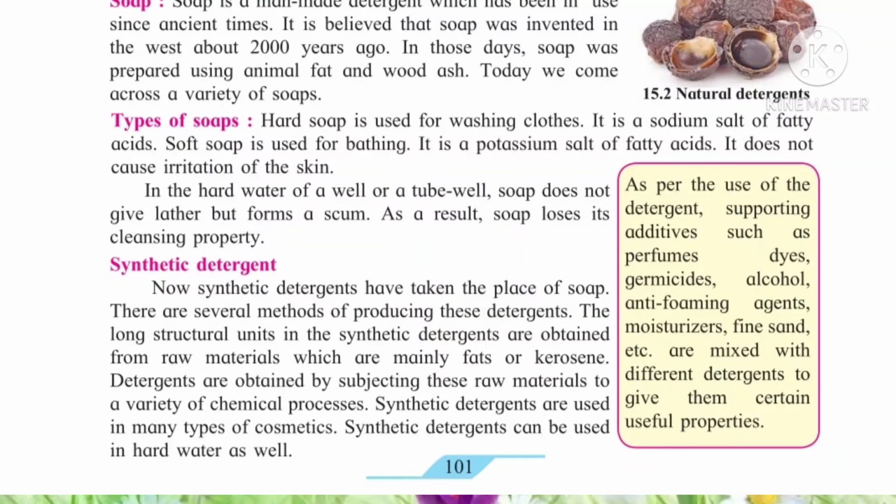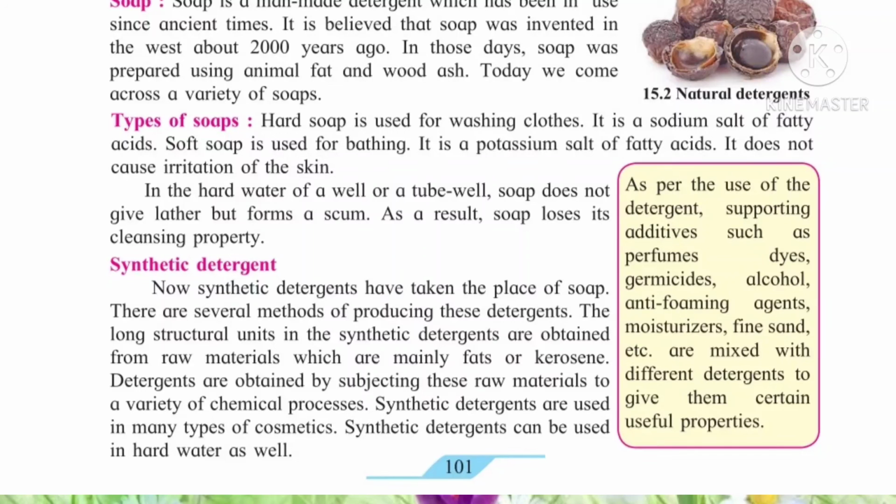Now, as per the use of the detergent, supporting additives such as perfumes, dyes, germicide, alcohol, anti-foaming agent, moisturizers, fines, sand, etc. are mixed with the different detergents to give them certain useful properties. Now different varieties of soaps are there. For example, jasmine, rose, milk, honey flavors are added to get different smells.